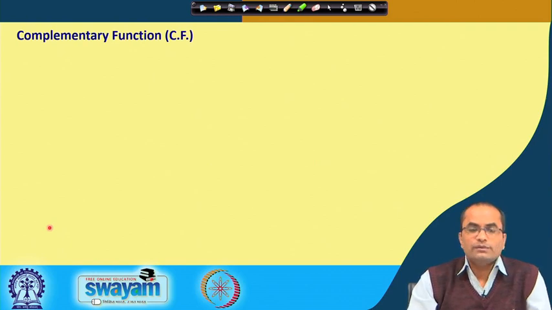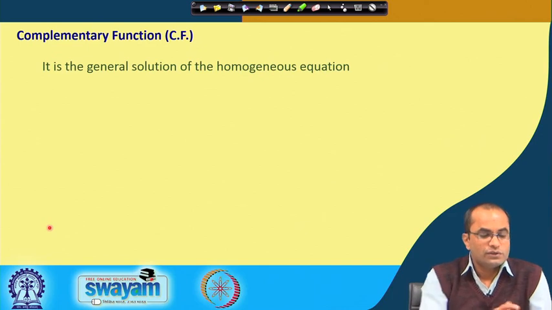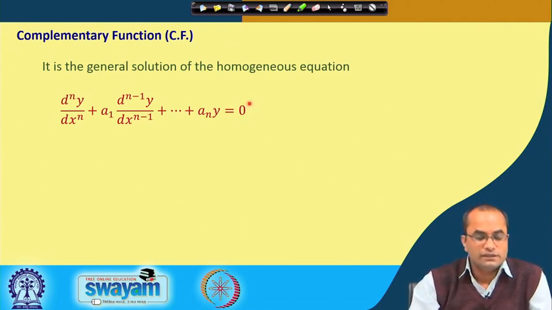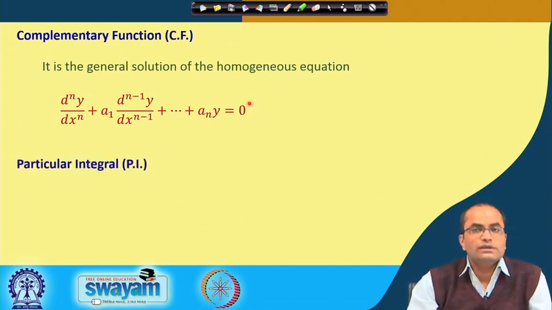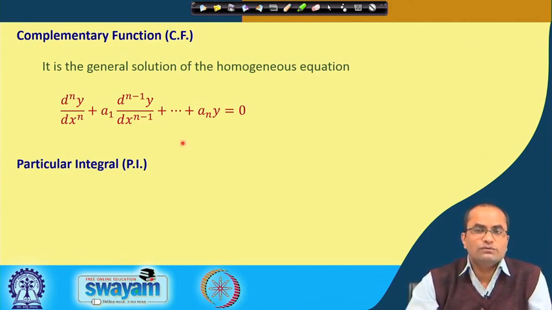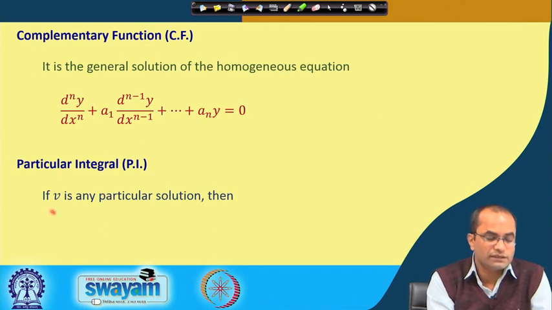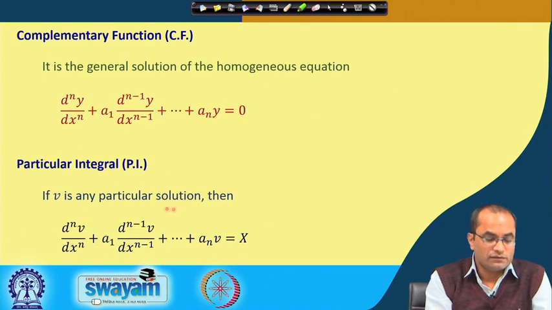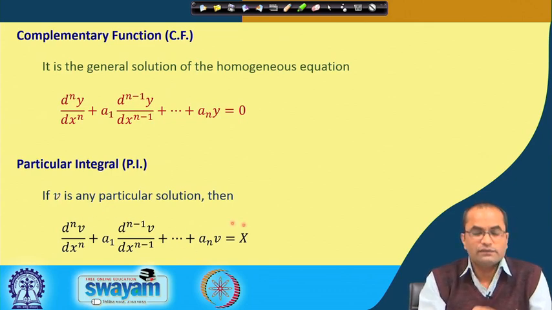Here we will now give the idea of what the complementary function is and how to get it. It is the general solution of the homogeneous equation, that is, setting the right hand side equal to 0. The particular integral is a particular solution of the given differential equation, meaning that if v is any particular solution, then when we substitute it in the left hand side, we should get the right hand side x.